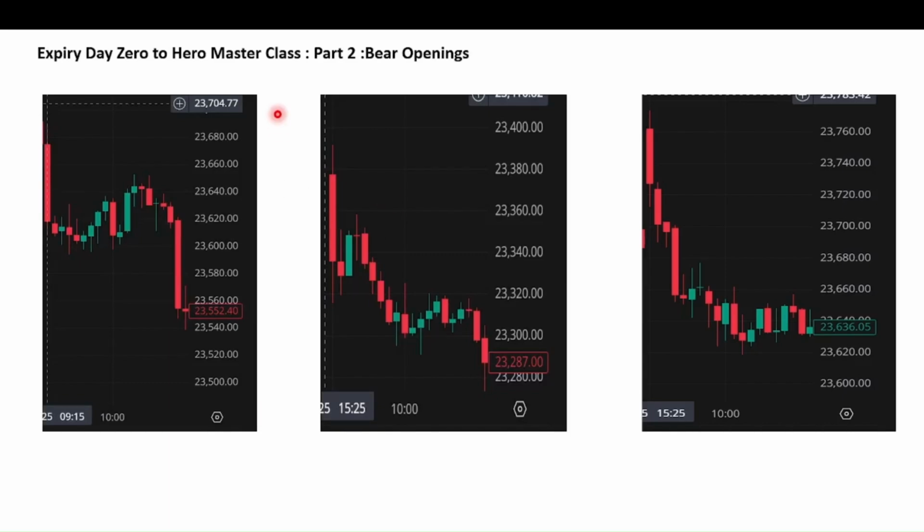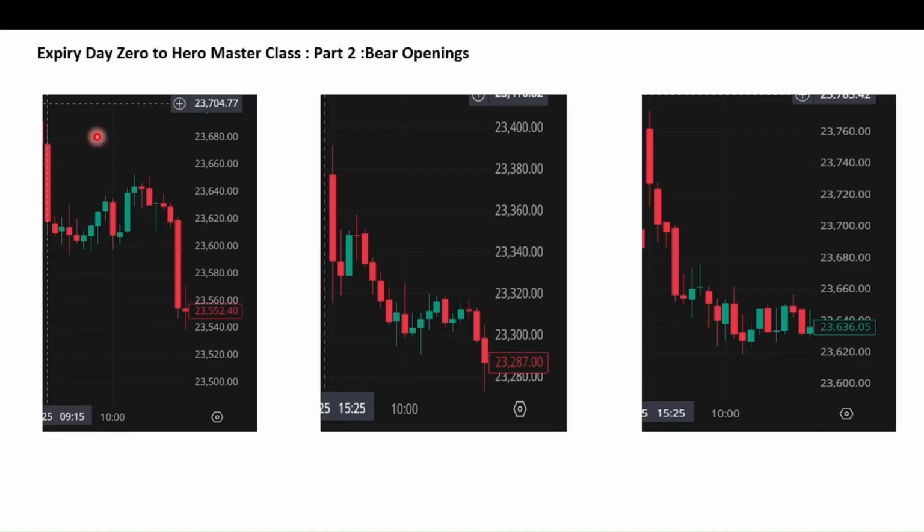So how am I classifying bull openings and bear openings? In the previous video of this series, one of the points I mentioned is that the zero to hero trades only happen after 10:50, and the way to trade them is by looking at the pattern that has formed before 10:50.